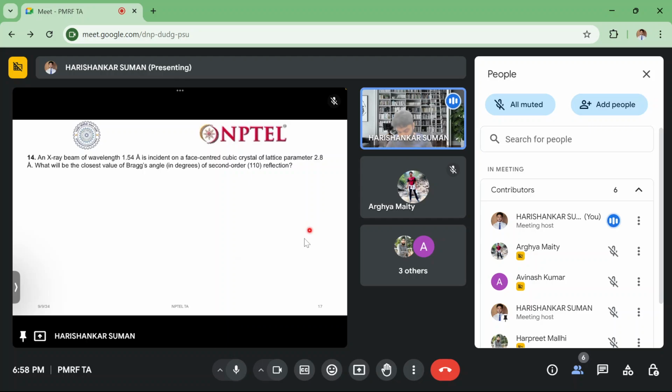An X-ray beam of wavelength 1.54 angstrom is incident on an FCC crystal, face centered cubic, with lattice parameter 2.8 angstrom. What will be the lowest Bragg angle in degrees for the second order reflection? Options are given, in degrees.